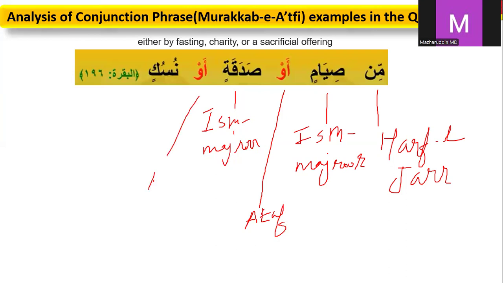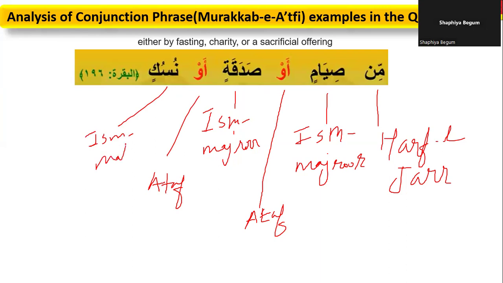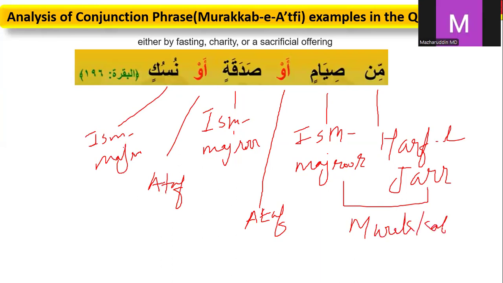Again atfi, and again ismi majroor. Am I right? Now this harfe jar and ism majroor are called murakkabe jari. All murakkabe jari here.